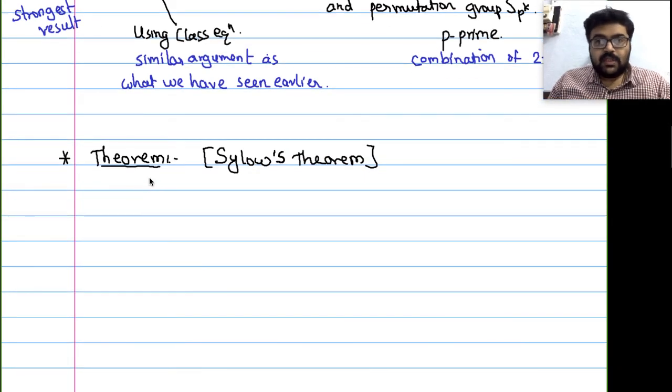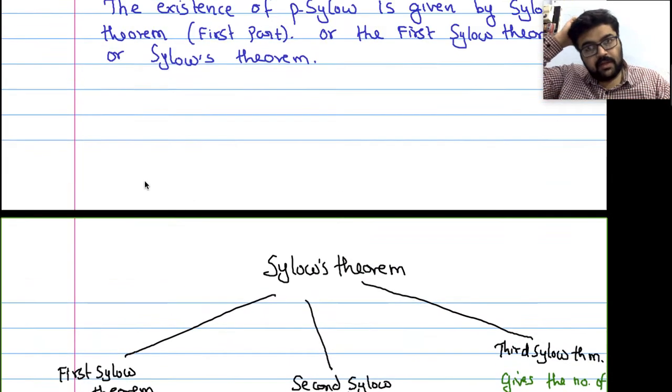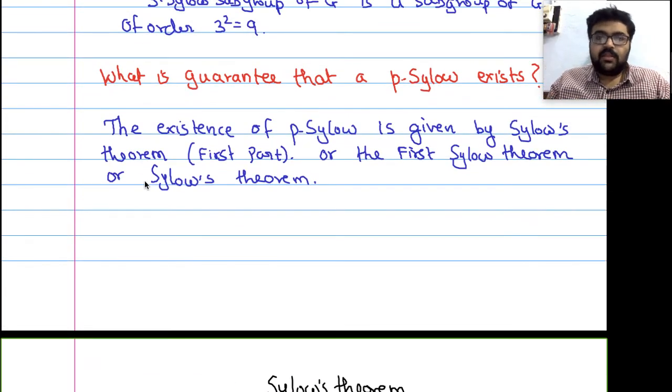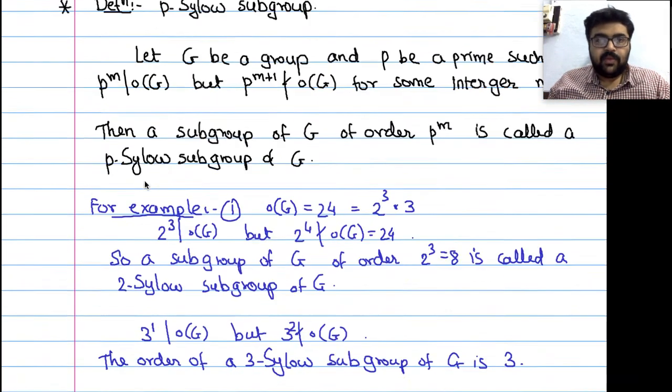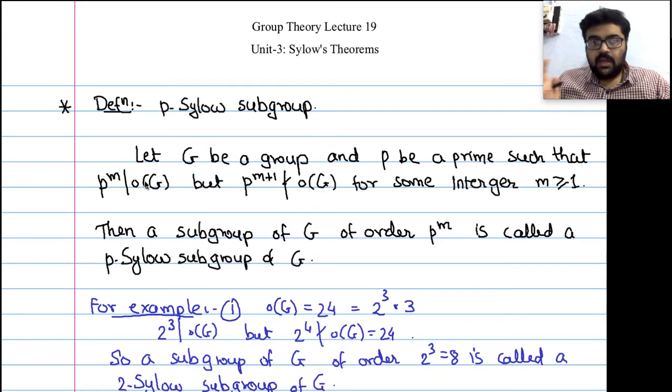The result is exactly the same as what we have defined in the definition, that it guarantees that there is a subgroup of order p^m. What is the definition of a p-Sylow subgroup? When I say group, I mean it's a finite group.